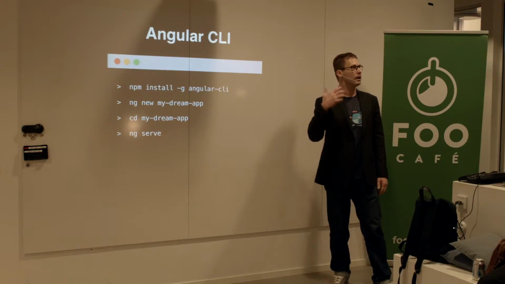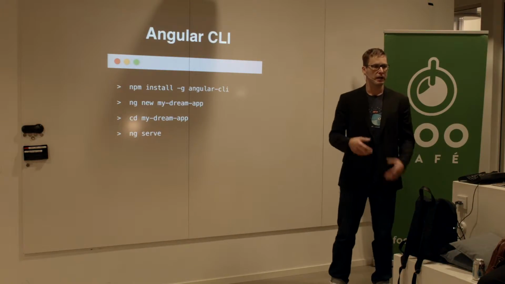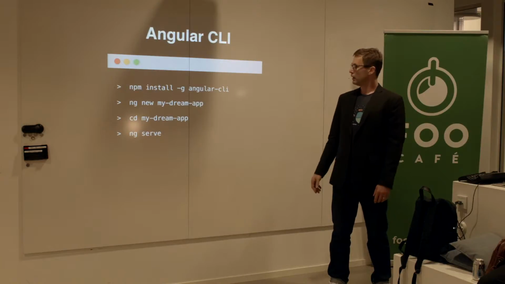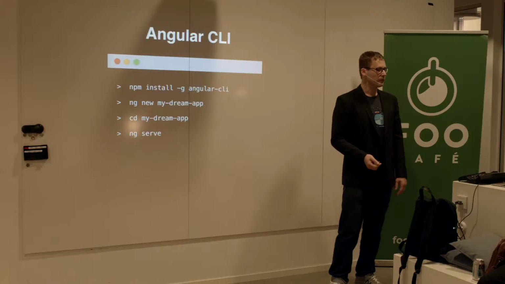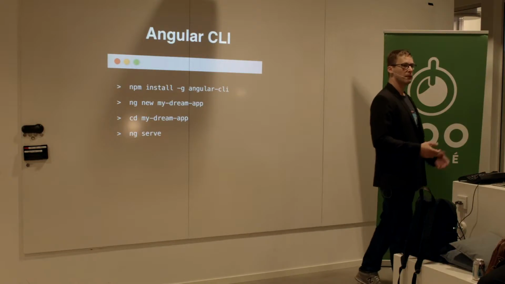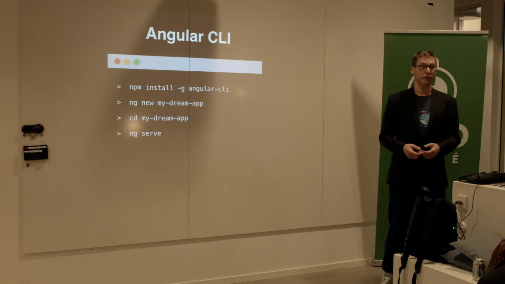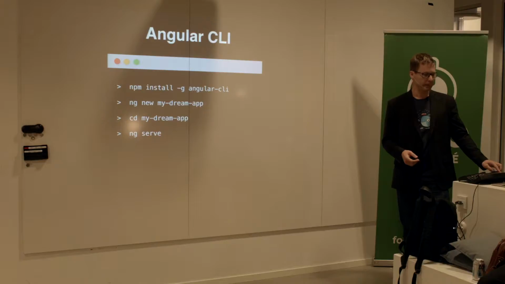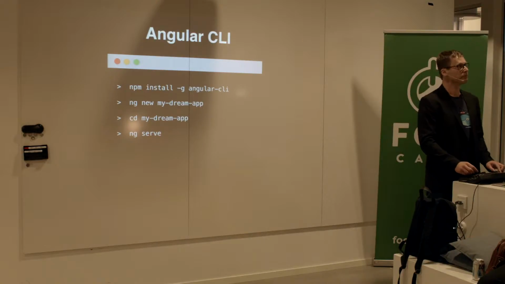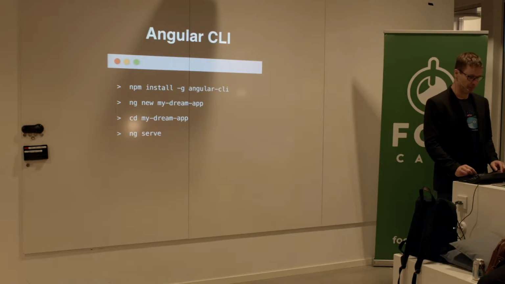That creates a folder and all the scaffold code to start up. You go inside your folder and you start ng serve. And then you're up and running with your project, with your main component and module. That sounds quite nice compared to setting up all of Webpack 2 and all the other loading stuff that you need for Angular 2.